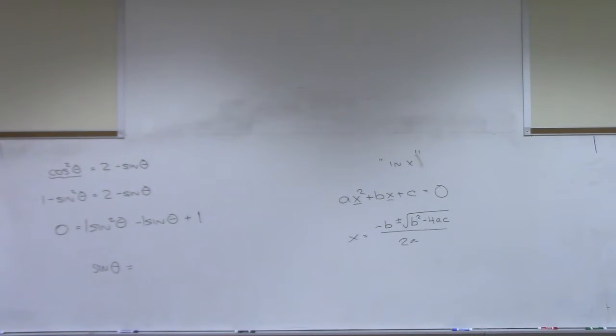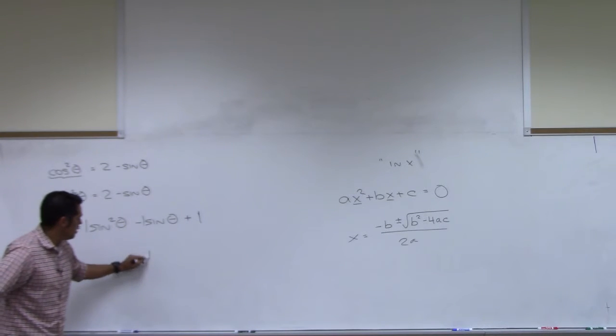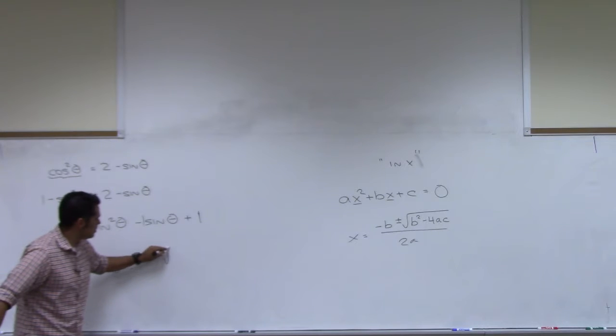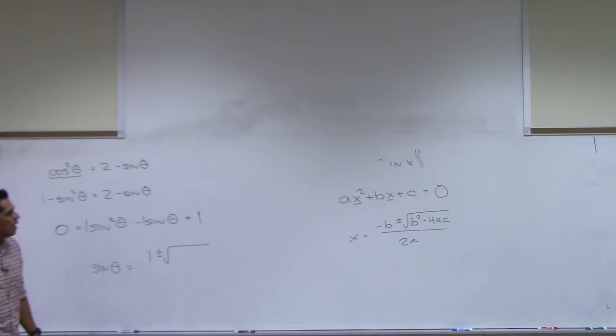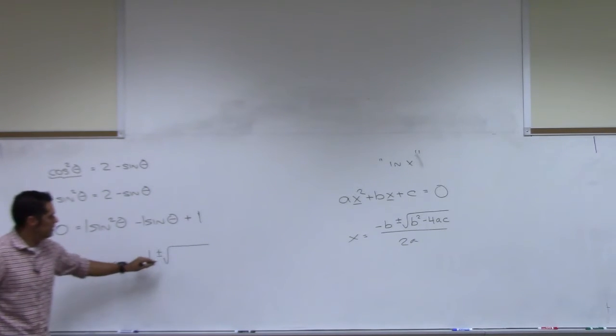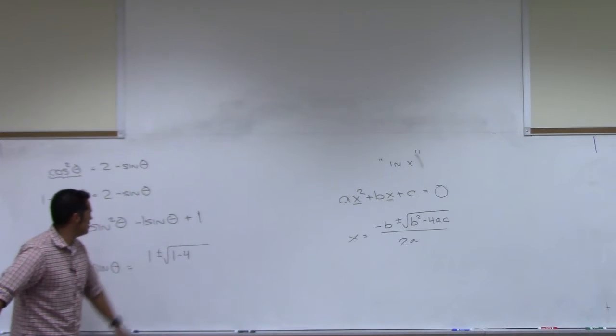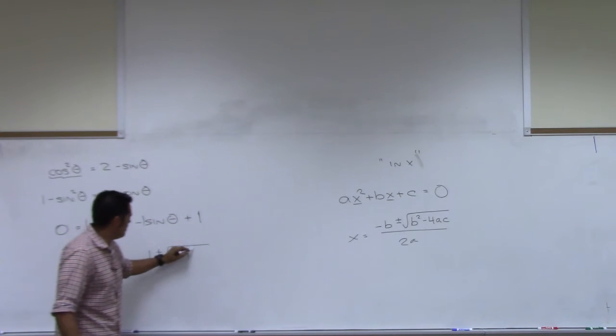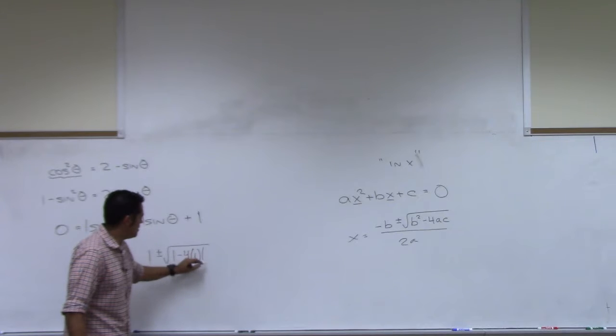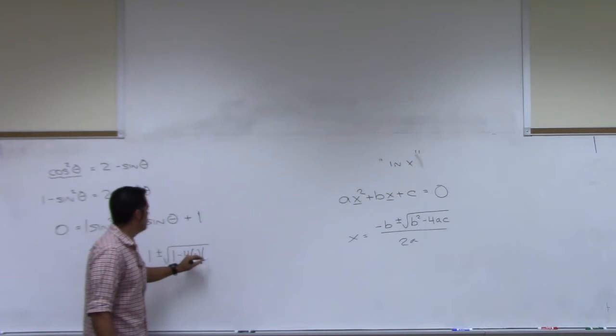All right. Negative b. What's negative b? 1. Plus or minus the square root. What's b squared? 1 again. Minus 4 times a, which is 1, times c, which is, what is c? 1?